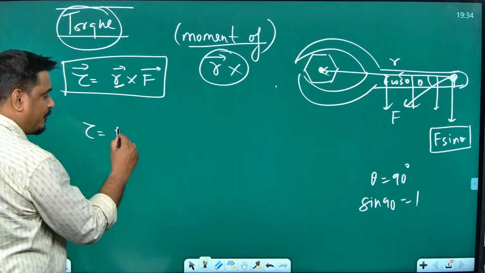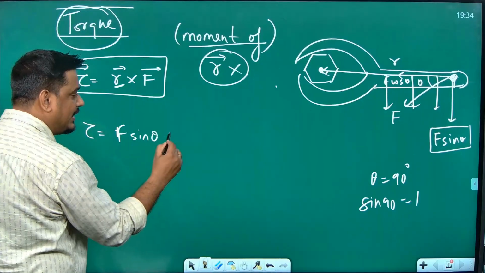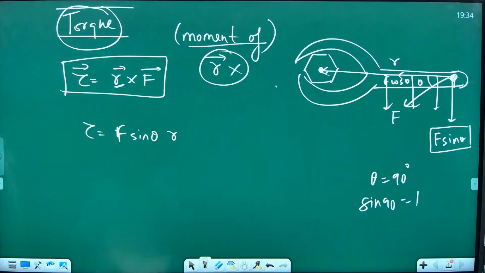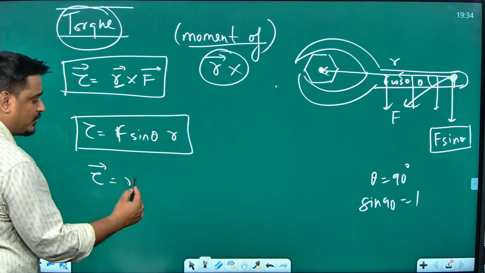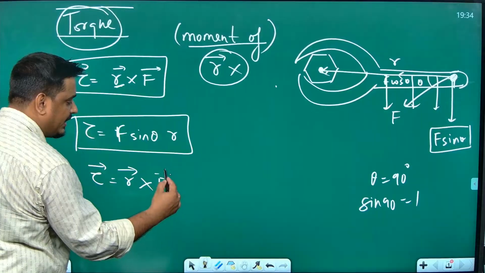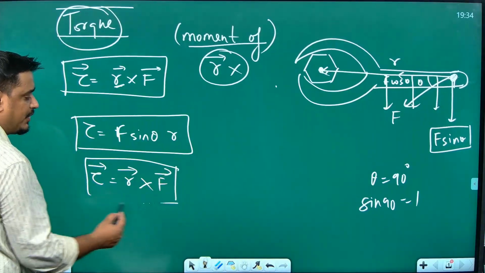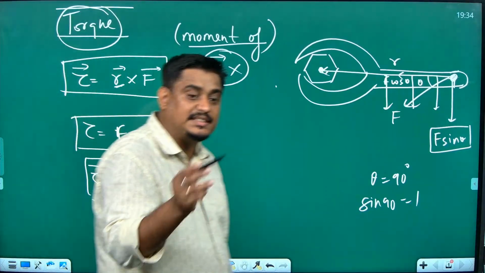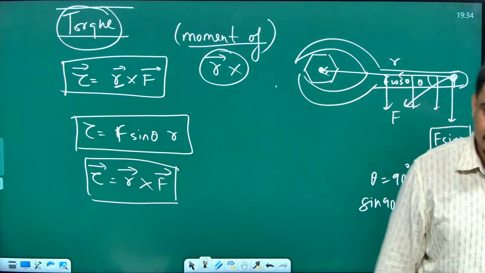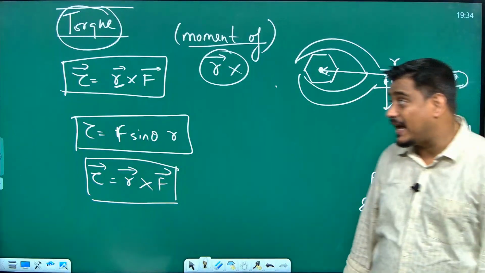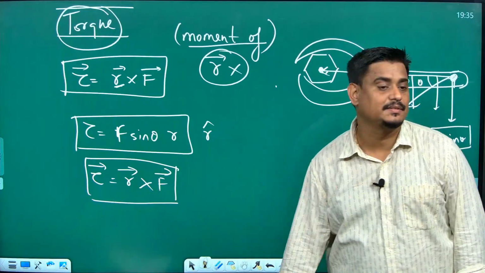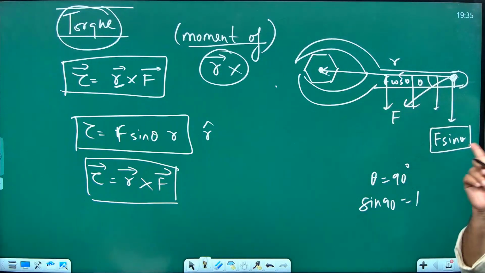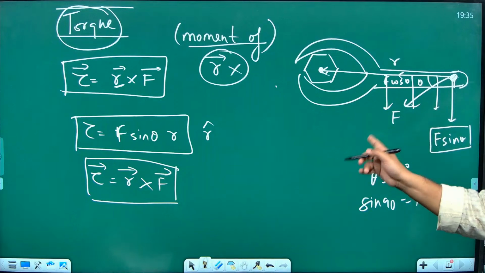So I can write F sin theta into distance R, which makes it very clear that the torque vector is equal to R vector cross F vector, because we know that A vector cross B vector is AB sin theta n cap. And what will be the n cap here? I am writing it as R cap.